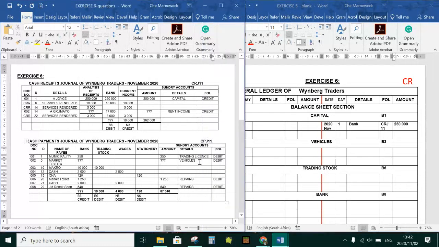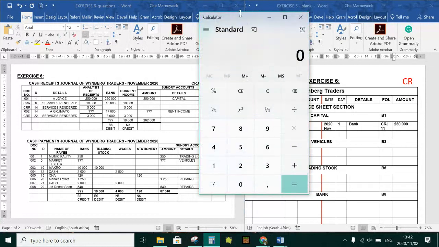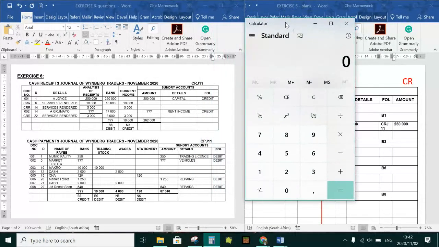We move on to vehicles. Vehicles is in the cash payments journal. We need to work out the vehicles amount, so we're going to have to get out our calculator. We know that if we add up all the column amounts in sundry, it'll give us the total. So if I say total minus 540 minus 1250 minus 250, it'll give me the vehicles amount.